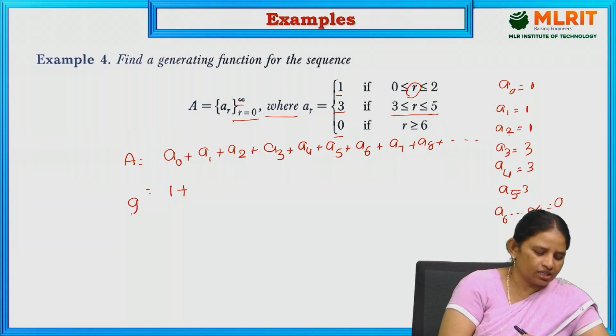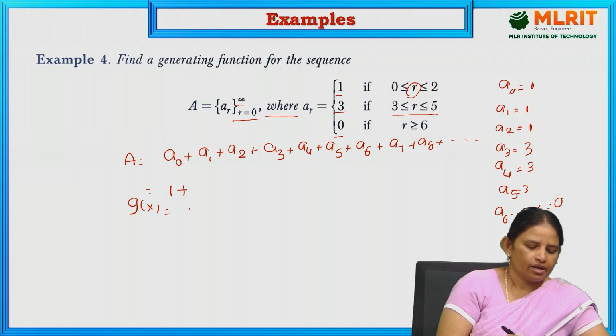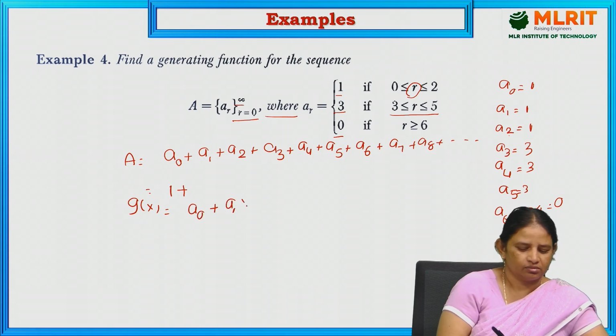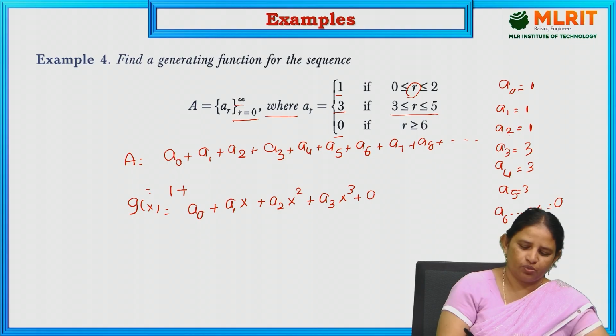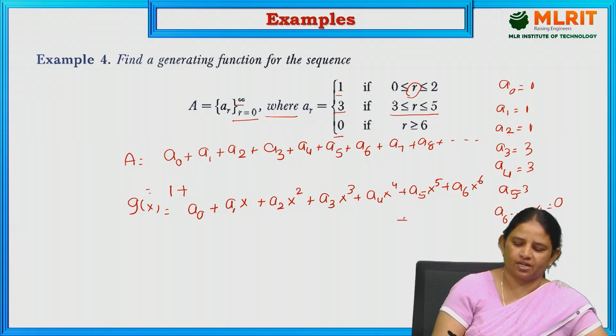G of x equal to a0 plus a1x plus a2x square plus a3x cube plus a4x to the power of 4 plus a5x to the power of 5 plus a6x to the power of 6 plus a7x to the power of 7.